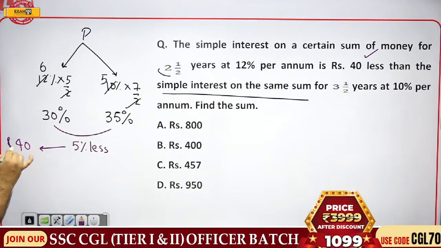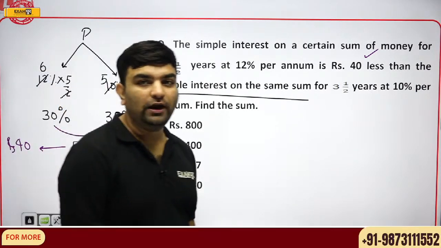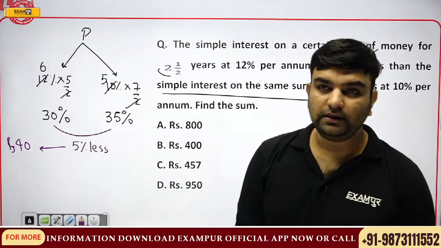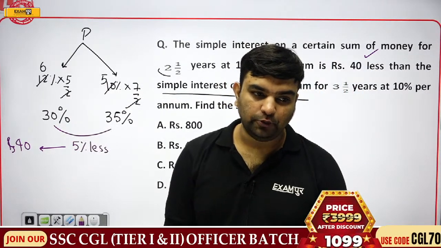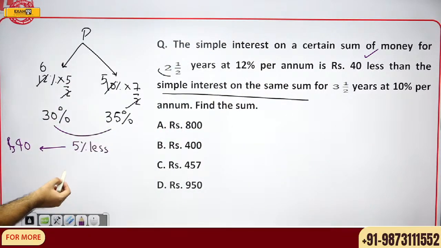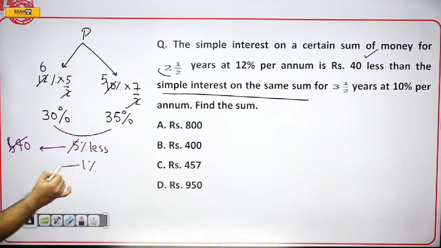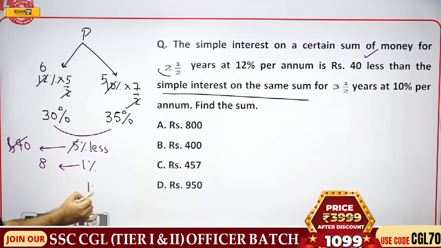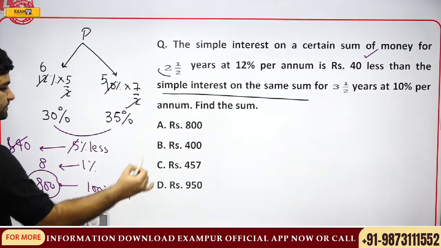Principal is 100%, because we calculate the interest over principal. 1% is 8, so 100% is 800. So my principal is 800.